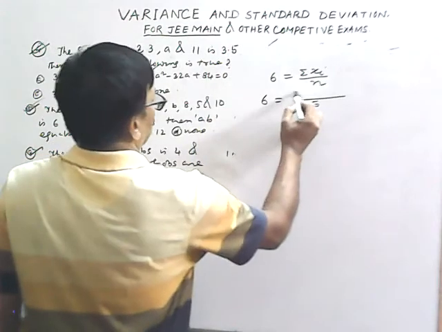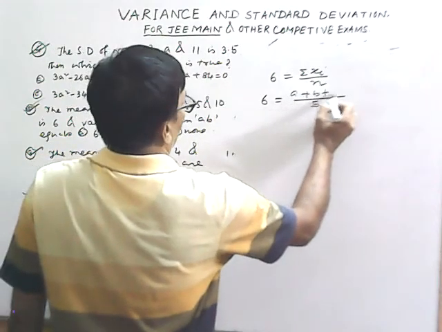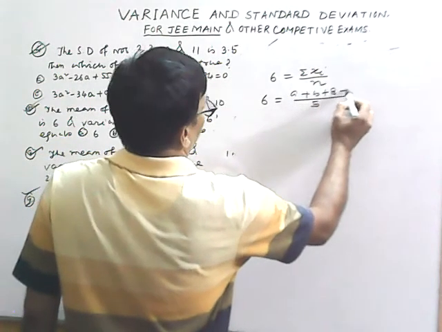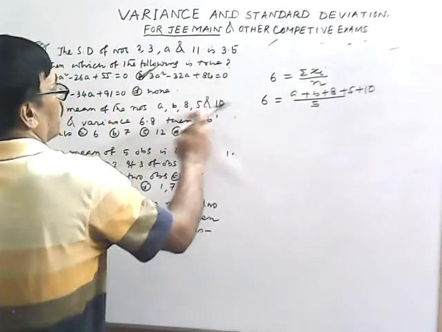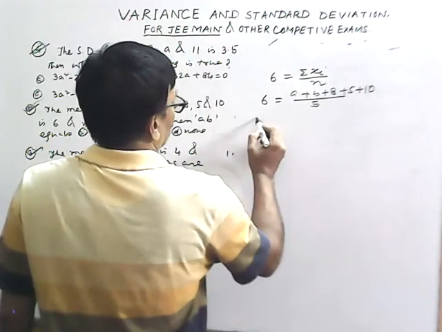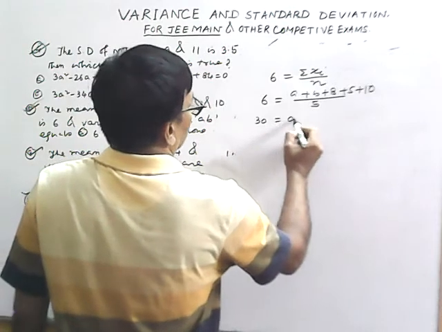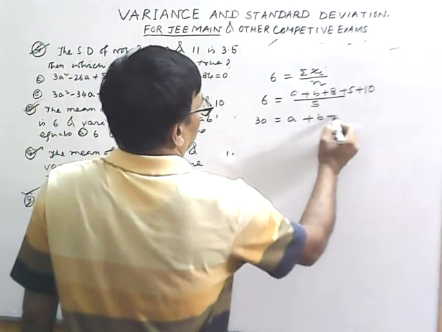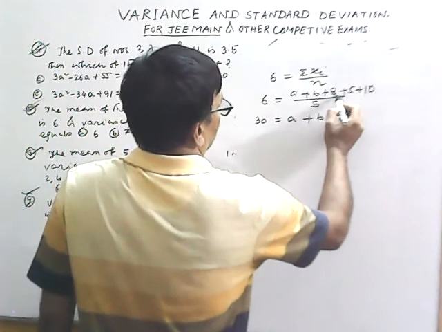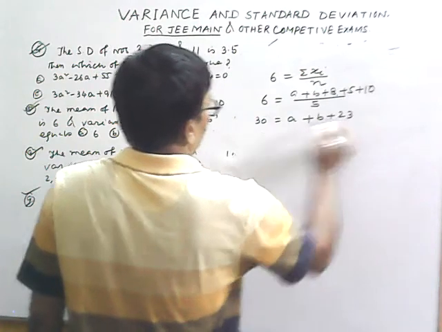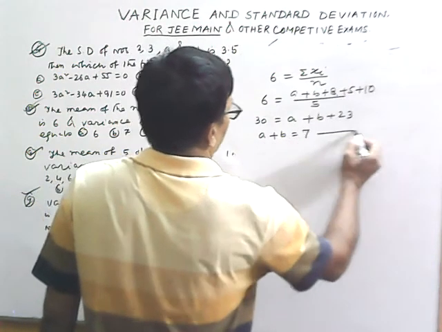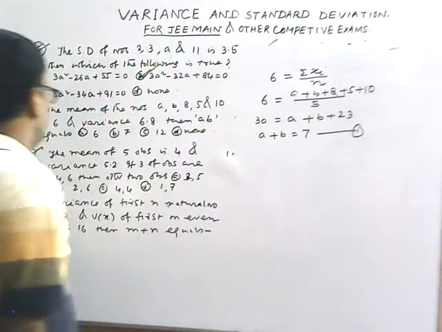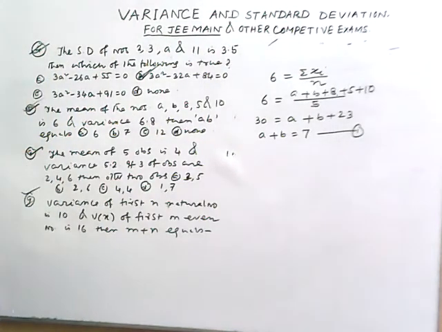So A plus B plus 8 plus 5 plus 10, so 30 equals A plus B plus 23. So what we are getting? A plus B equals 7. So this is our equation number 1.